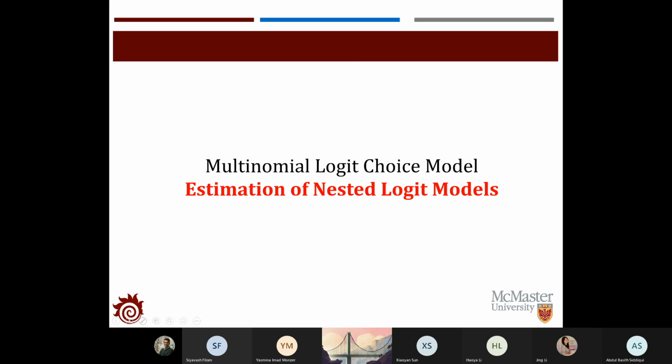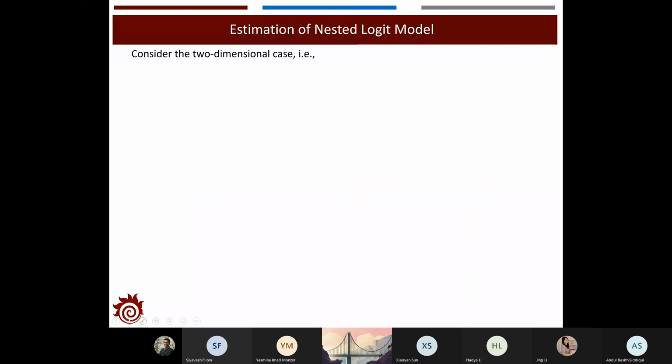The next thing we want to consider is how to conduct the estimation or calibration of the nested logit model. Let's first consider the 2-dimensional case. This logic can also be extended to 3 or more dimensions.